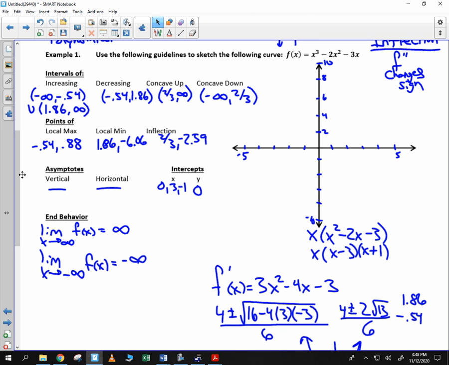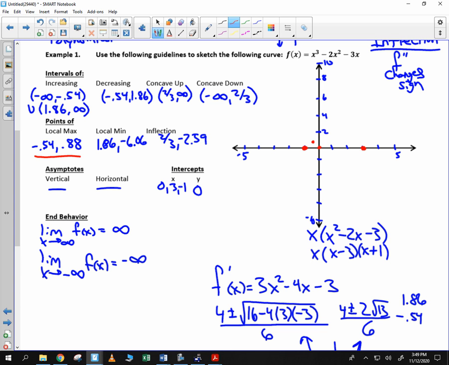And so I'm going to plot some really important points. First of all, I have intercepts of 0, at -1, and at +3. I have a local max at -0.54 and 0.88, which should be about right there.